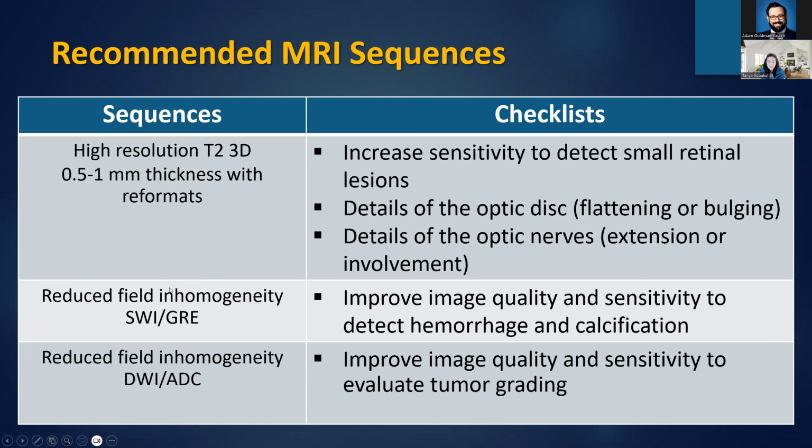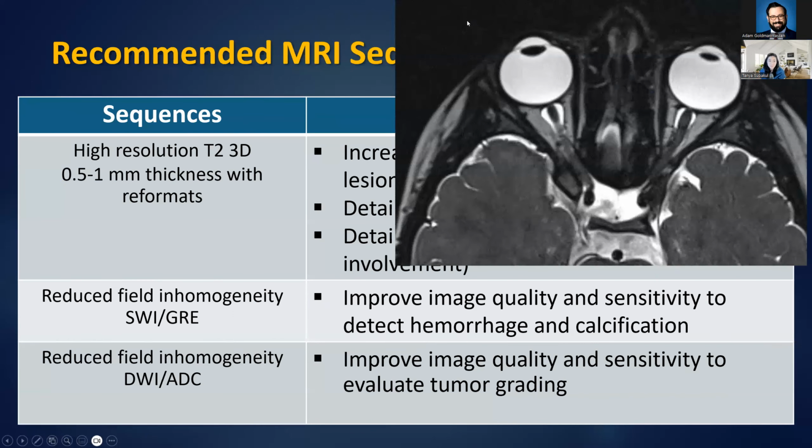Sometimes we do add the small field of view SWI to improve the image quality and sensitivity for hemorrhage and calcification. And we also do the small field of view DWI for tumor grading if we see retinal lesions like a retinoblastoma.